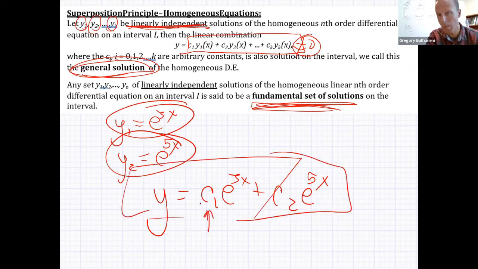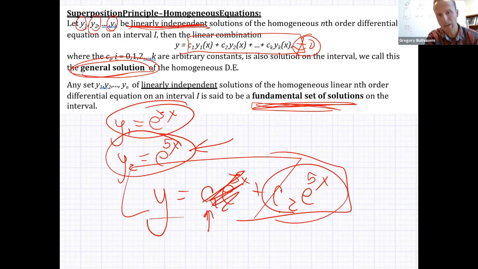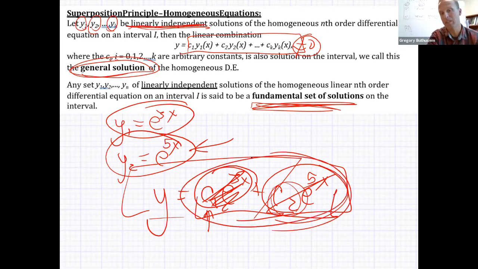If I let c1, which is just some random constant, be 0, then I just have this solution. And if I let c2 equal 0, then this one would pop out. But also I can have the linear combination as well. That whole thing could solve the differential equation. And again, this is for just the homogeneous ones, the equal to 0 ones. So this is why that linear independence is so important. If you find a bunch of smaller solutions, we can combine them into one big solution as long as they are linearly independent.